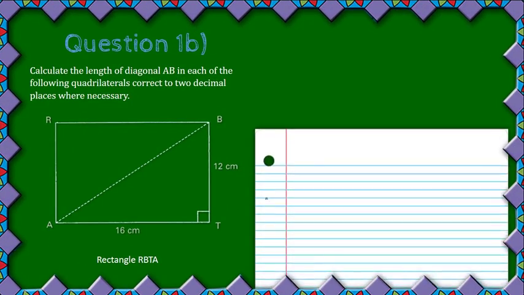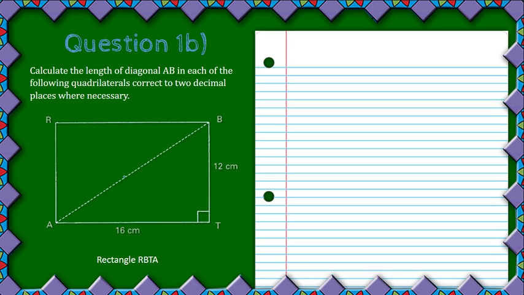Then question 1b. Once again, we're going to calculate the diagonal. This is a rectangle, and in a rectangle all angles are 90 degrees. So I'm just going to solve for AB, once again with Theorem of Pythagoras. We can state that AB squared is equal to AT squared plus BT squared.